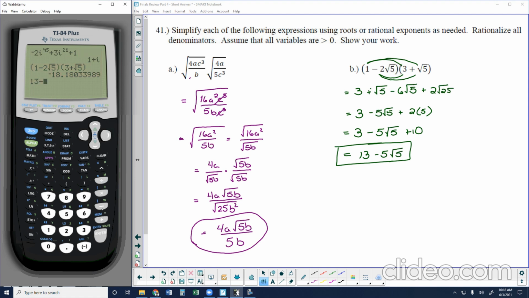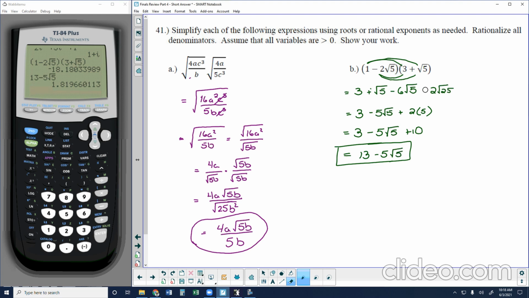Now I can go ahead and take my answer here. Oop, looks like I made a mistake. So we can take my answer here that I have for 13 minus 5 roots of 5 and type that in, and notice here that these are not the same rounded answer, and I found my mistake.